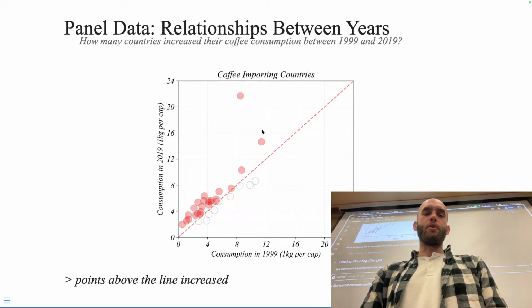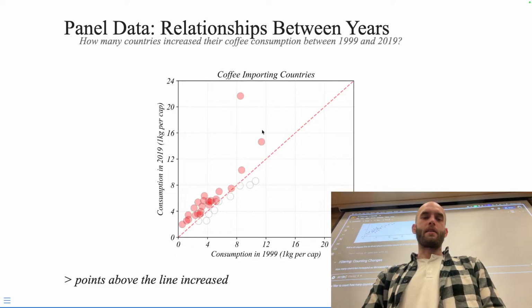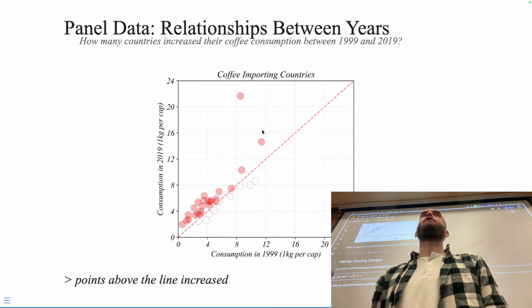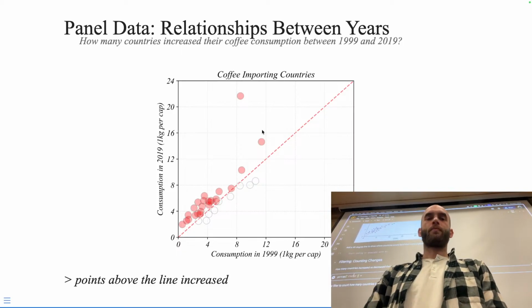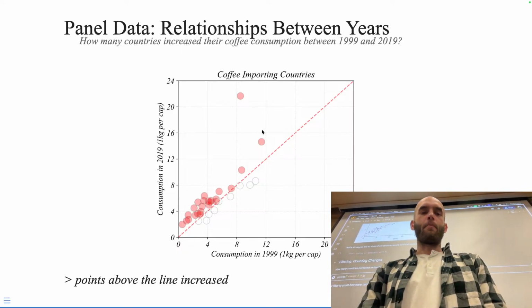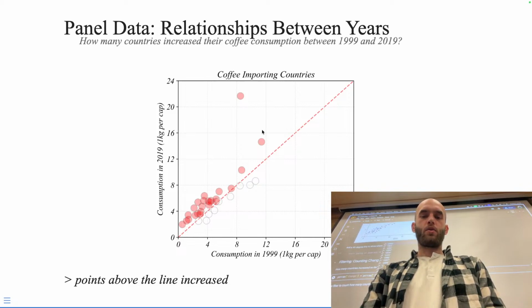And the way I do this, so I'm creating a new column like this. So this is just pandas syntax. I'm creating a column called change, which did not exist before. And I'm just going to say per cap, and I want to find how 2019 is different from per cap 1999.